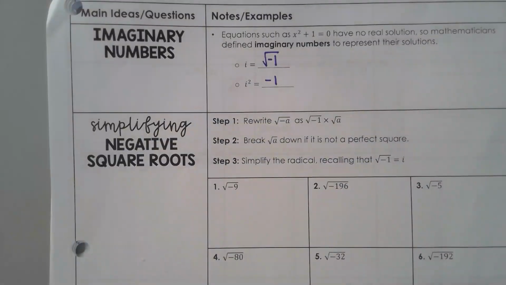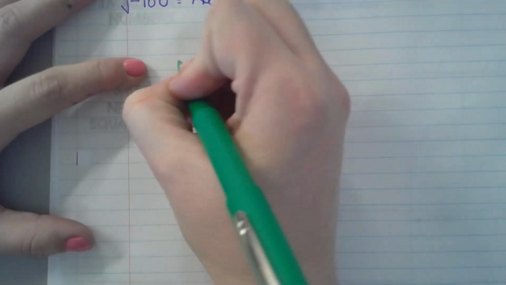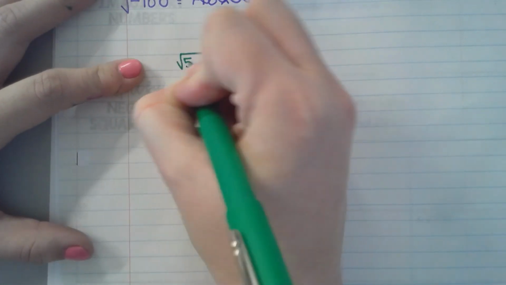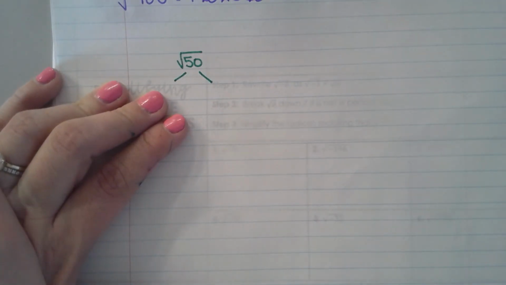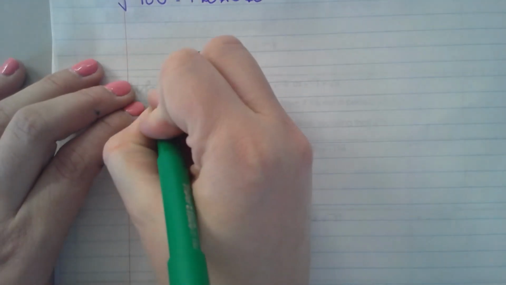So let's remind ourselves of what we did in 5.6. I gave you this problem, the square root of 50, and said to simplify it. Is 50 a perfect square? No. If I typed it in the calculator, I would get a decimal, and I don't want you to give me a decimal answer. So we simplified it down.